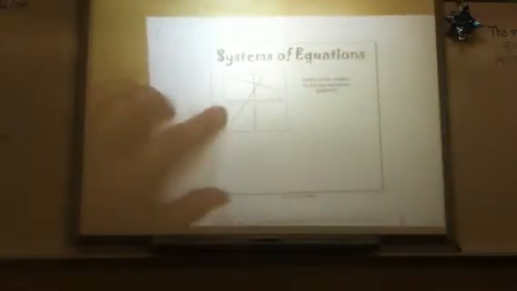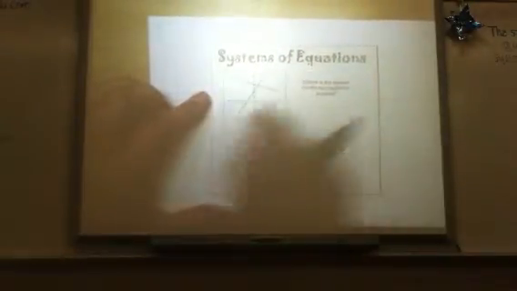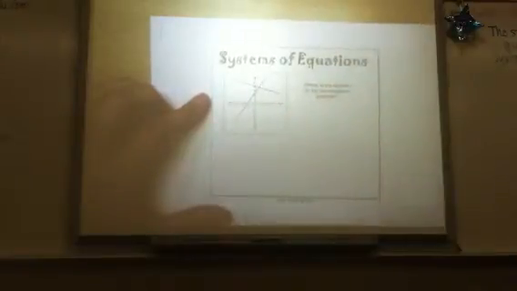Let's remind ourselves, what does it mean to be the solution of a system of equations? What are we looking for? Looking at this graph of these two equations, so this is a system, what is the solution? What am I looking for to solve the system?